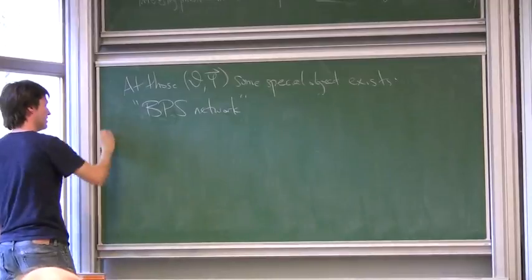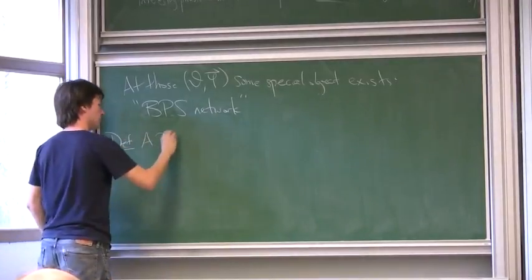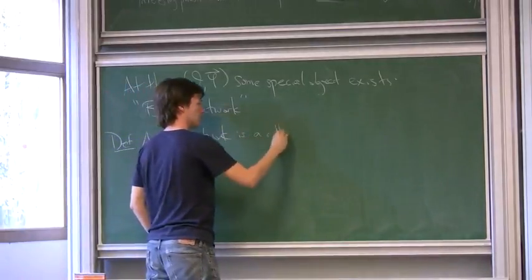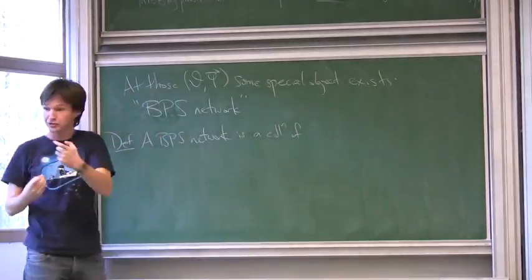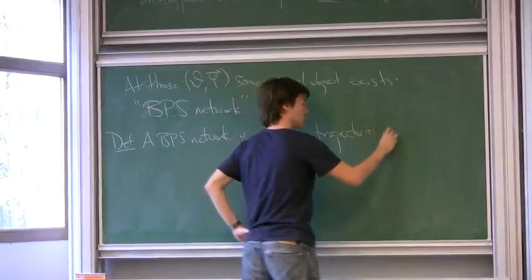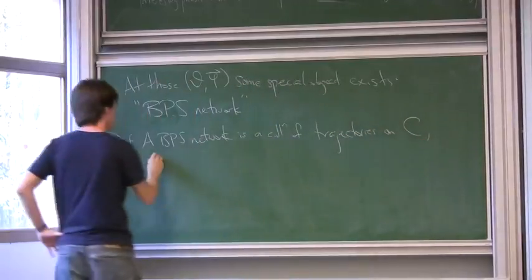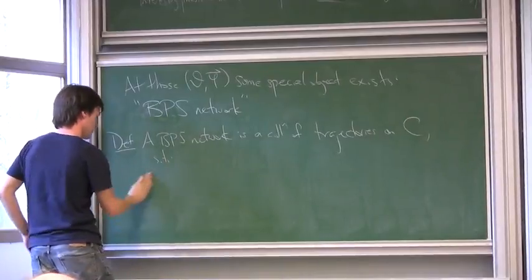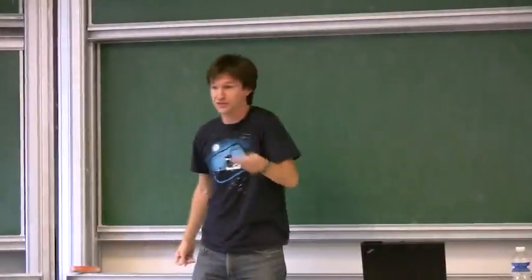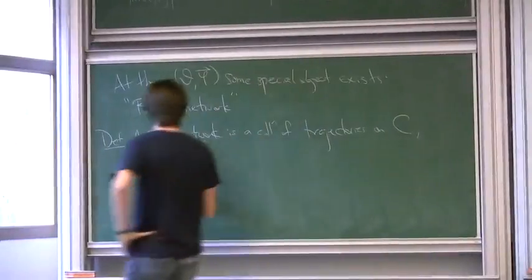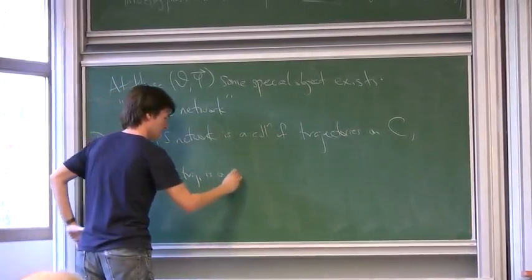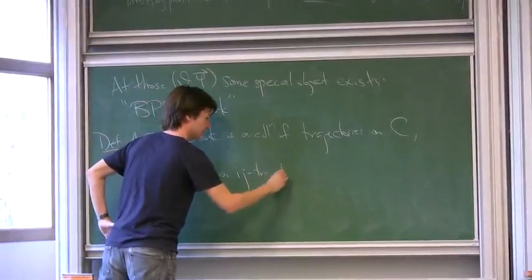So the definition: a BPS network is a collection of trajectories on the curve, trajectories on C, such that, well, it's some collection of trajectories, but they're not generic trajectories, they're solutions of a differential equation, the one I wrote last time. So each trajectory is what I called last time an I.J. trajectory.